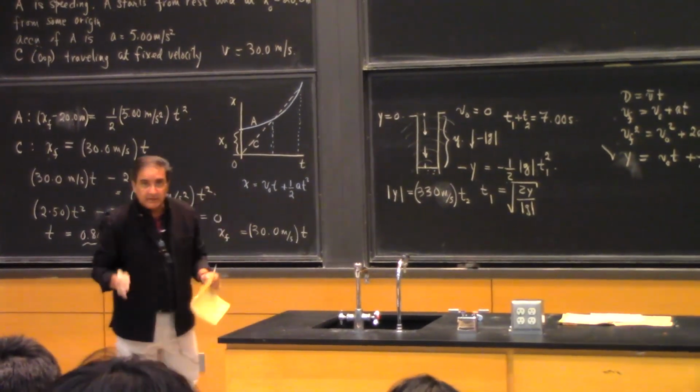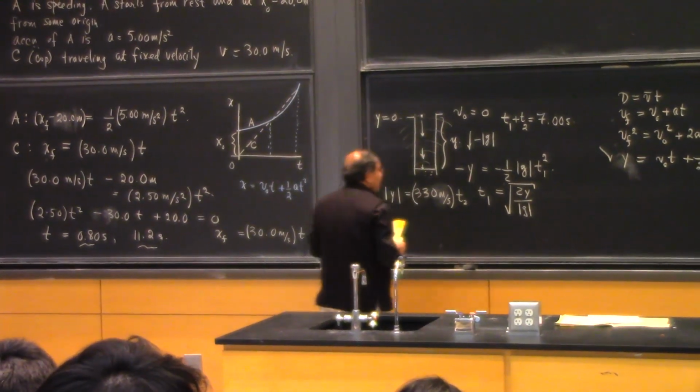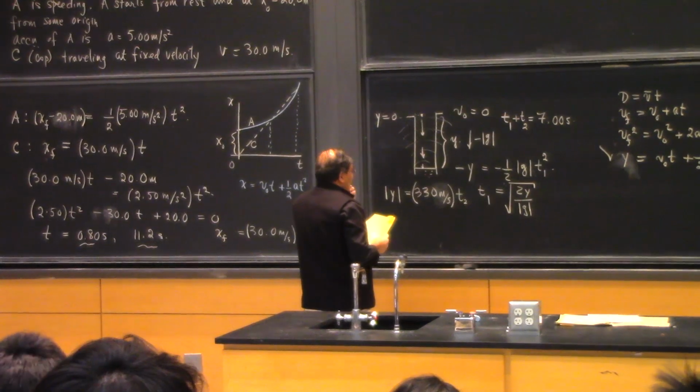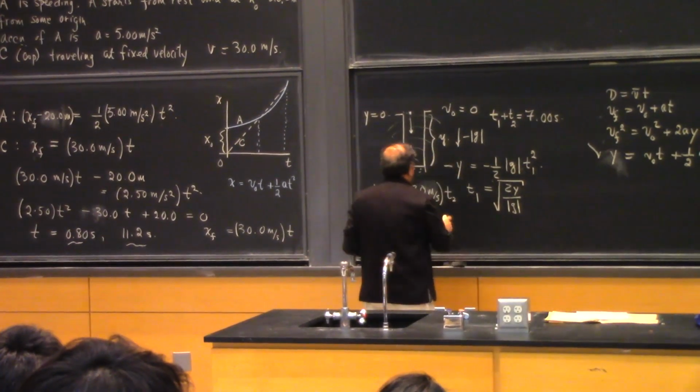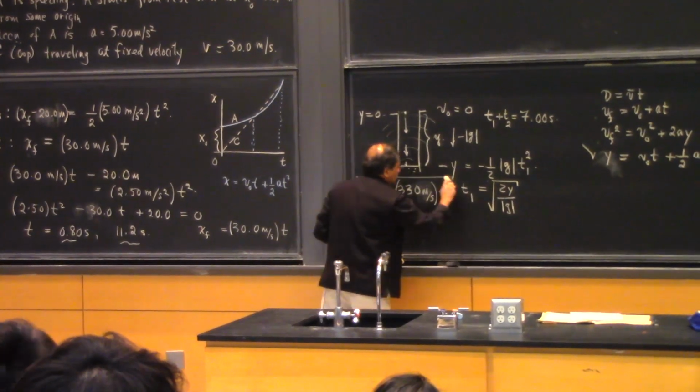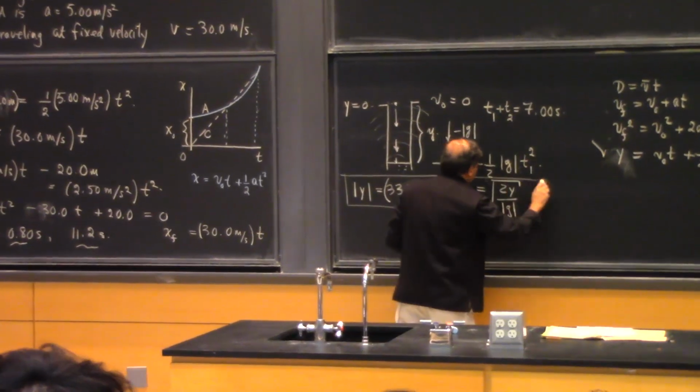Because that's not the total time. That's just the time taken for the sound to come up. So now you see, we have a situation where I know one equation on t2. I know one equation that has to do with t1.